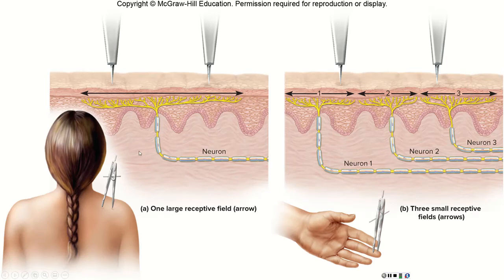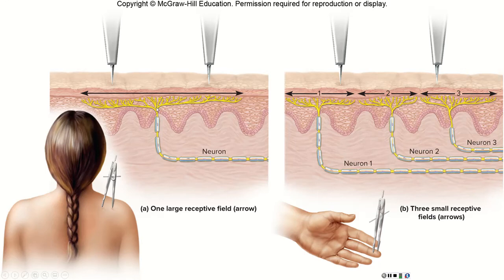So here, this is like something in your shoulder blade, somewhere where you do not have really, really keen touch sense. So we can see one neuron, and then the sensory area of that neuron is spread over a really large area. And even though we are touching this with 2 points, we're stimulating the same neuron.